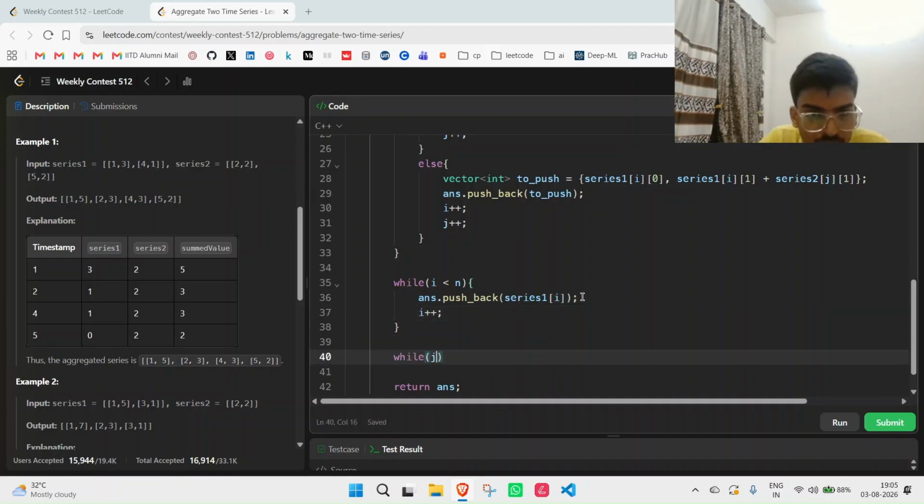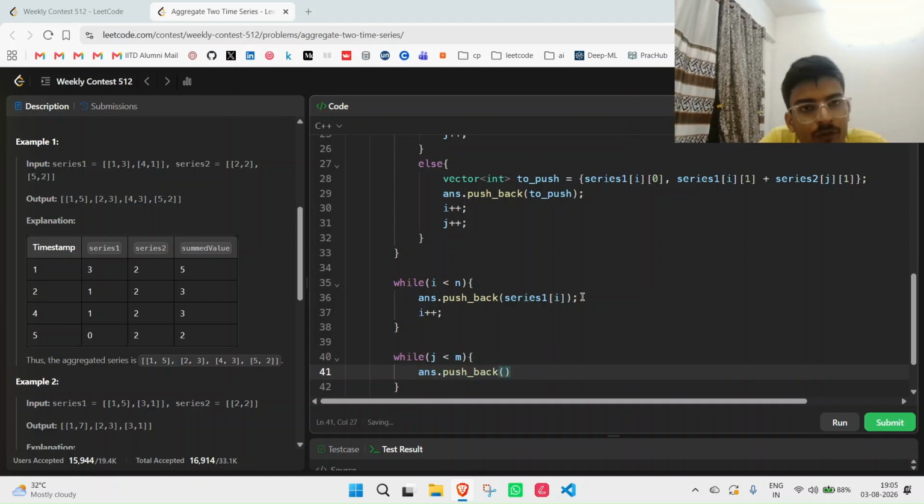Again, while j is less than n, answer dot push back. Since i has already been out of bound, we won't find that matching timestamp there, and zero. Yeah, series 2 of j added.